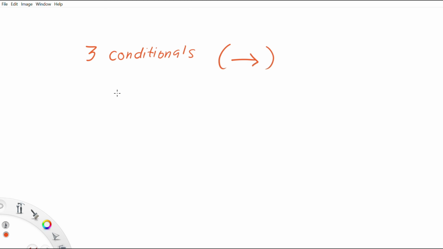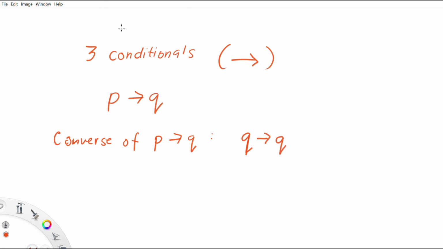If we have P implies Q, the three conditionals for this would be the converse, which is the reverse of position: Q implies P.